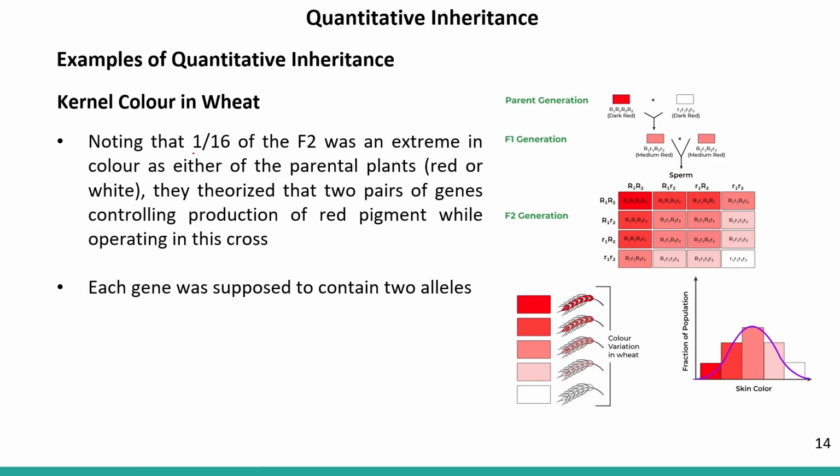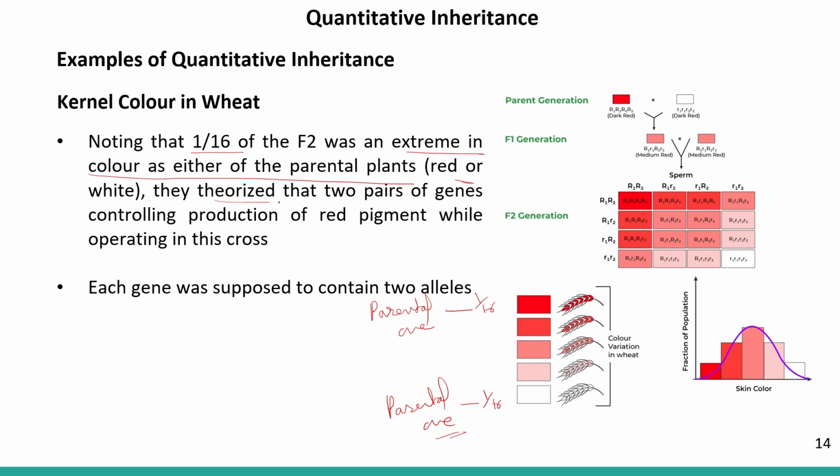Noting that 1 of 16 of the F2 was an extreme in color, as either of the parental red or white. So we are having 1 of 16, and this is also 1 of 16, as a parental one. This is also another parental one, right?